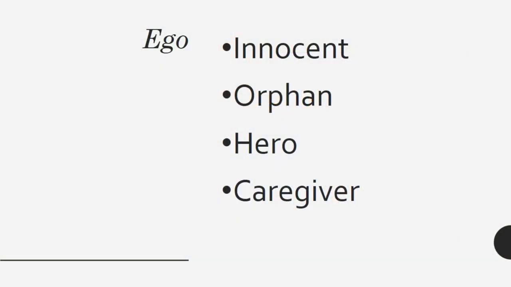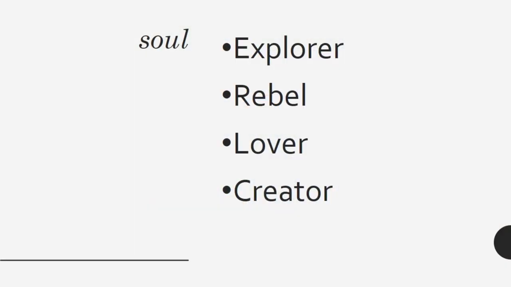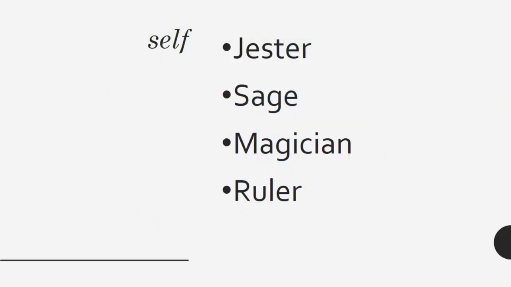The ego archetype has four subcategories, which are innocent, orphan, hero, and caregiver. The soul also has four subcategories, that is, the subcategories of the soul archetype are explorer, rebel, lover, and creator. And lastly, the self archetype of the new Jungian concept are jester, sage, magician, and ruler.